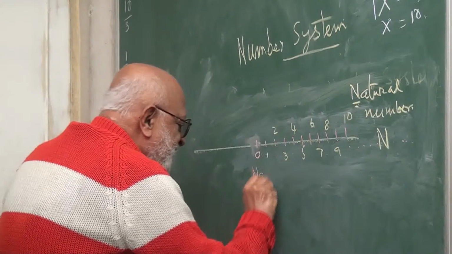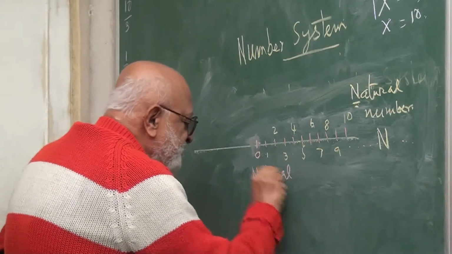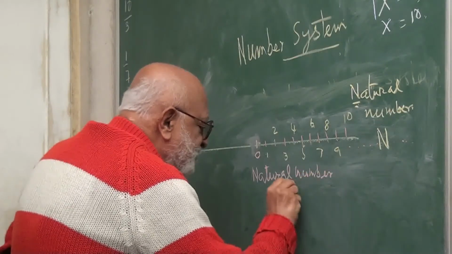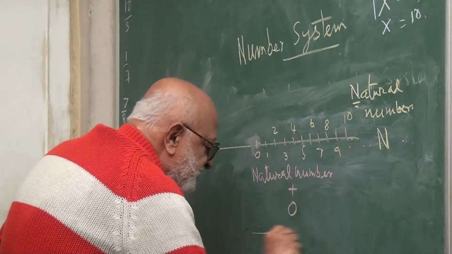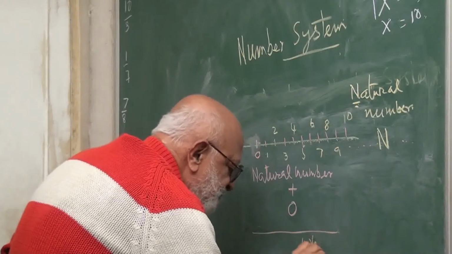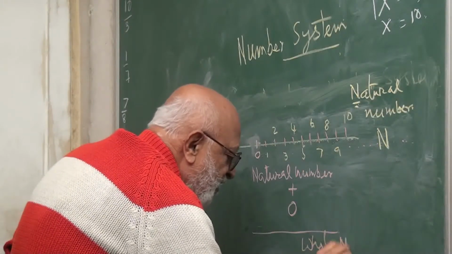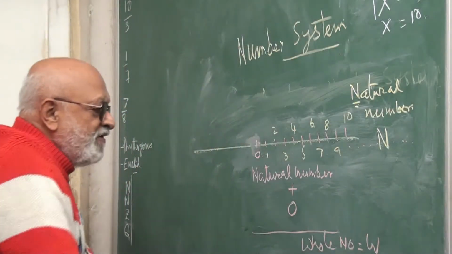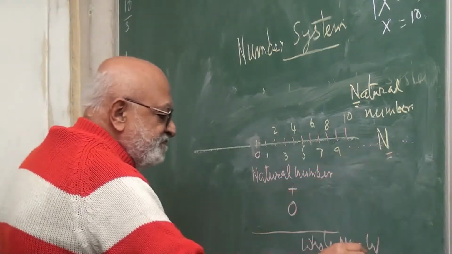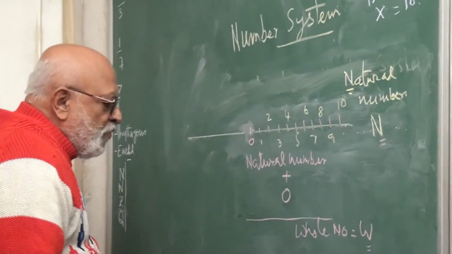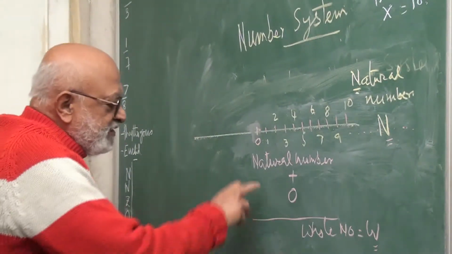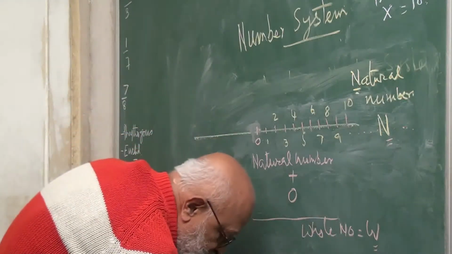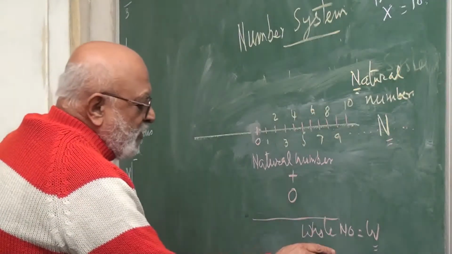So this is natural number plus 0. That gives you whole number, and that is indicated by W. So you have N, you have W. Now when I go on the other side, so this is natural number added 0, that is a whole number. So 0 is a part of the whole number.